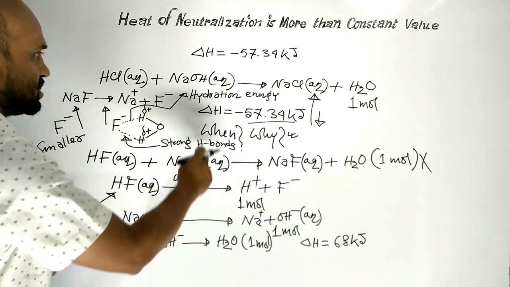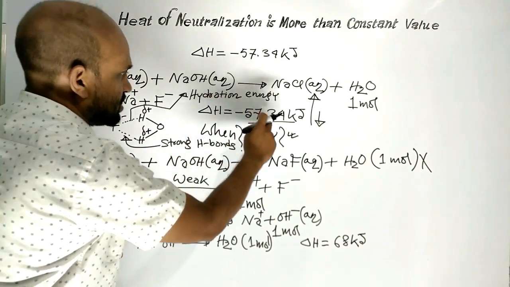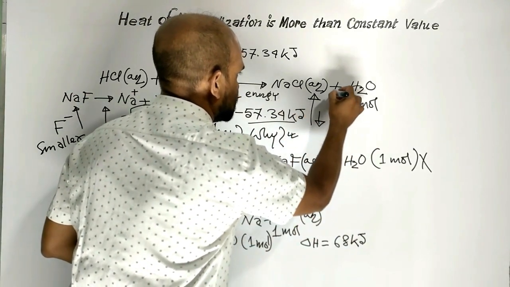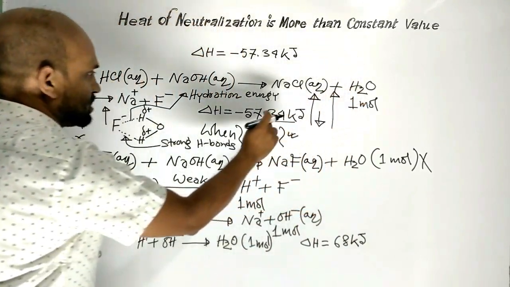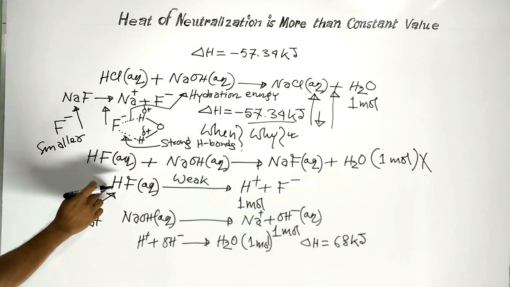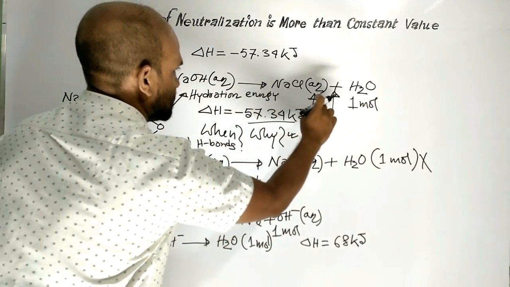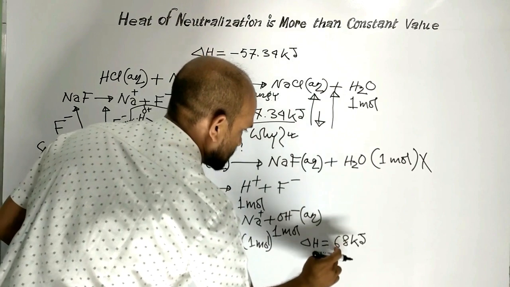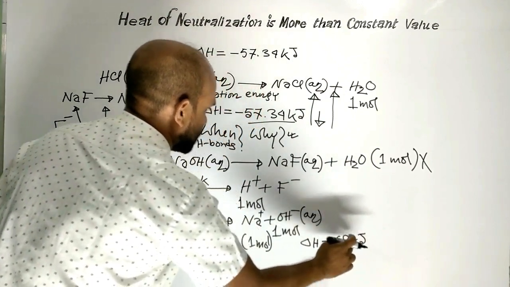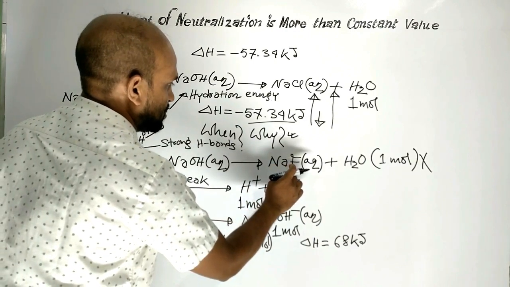Because of the higher amount of hydration energy, ultimately this constant value increases, though initially it decreases because hydrofluoric acid absorbs some amount of heat, but finally it increases up to 68 kilojoule because this reaction produces sodium fluoride salt.